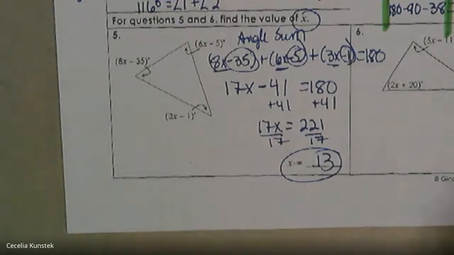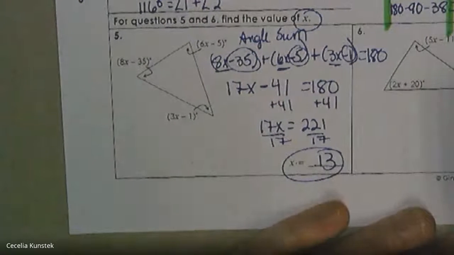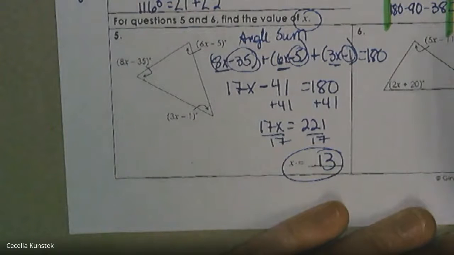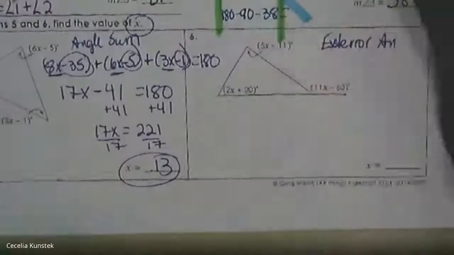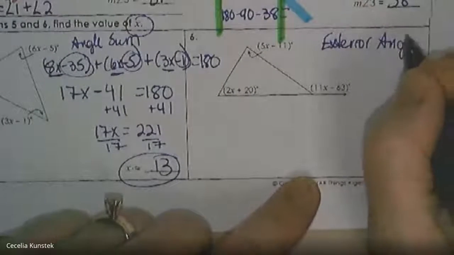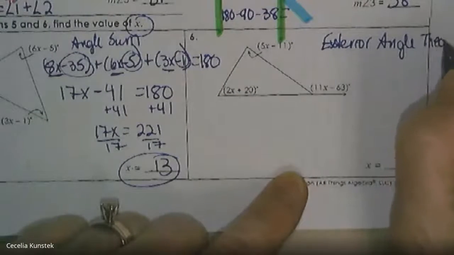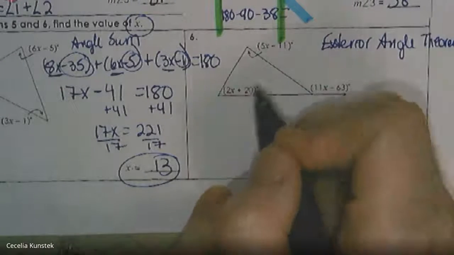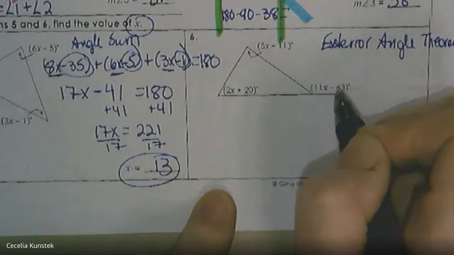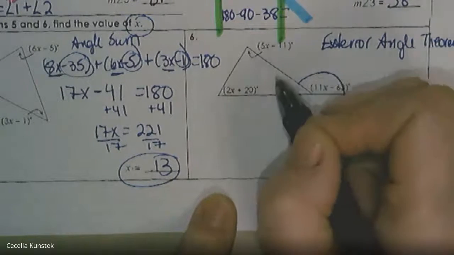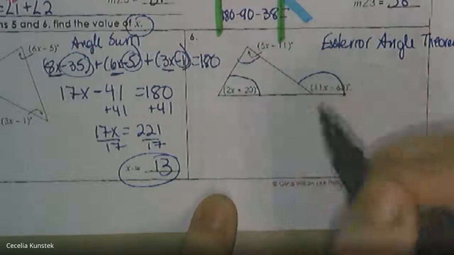Okay, now let's look at this next one. Now we're going to employ our exterior angle theorem. And by that, we know that this is equal to this plus that.